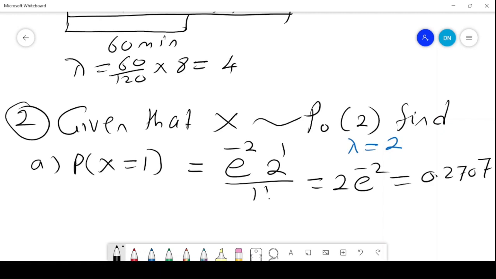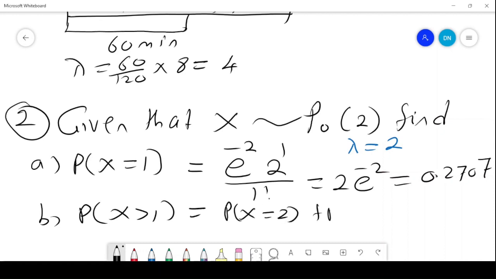which is 0.2707. We could also be asked to find the probability that x is greater than 1, which is the probability that x equals 2 plus the probability that x equals 3 going forward in that increment.